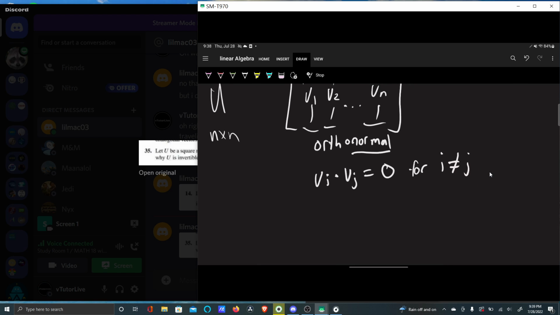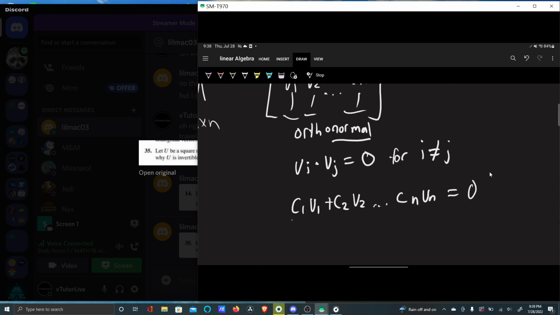Basically, we're asking ourselves if c1 v1 plus c2 v2 plus dot dot dot plus cn vn, can there be a non-trivial linear combination, such that not all the c's are 0, such that this total thing is equal to 0?